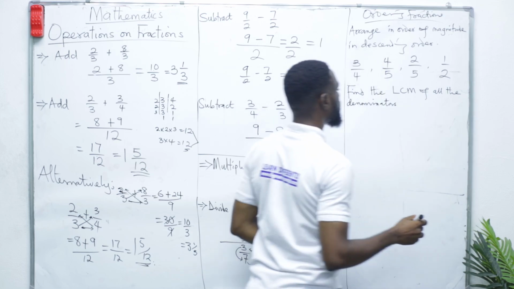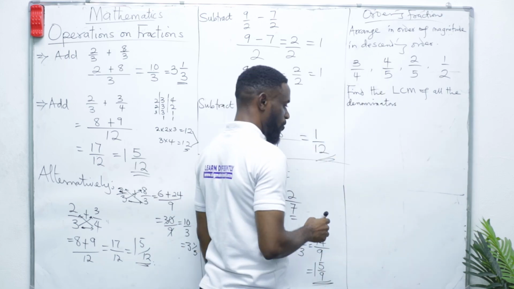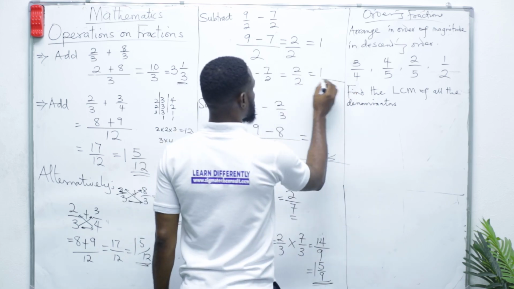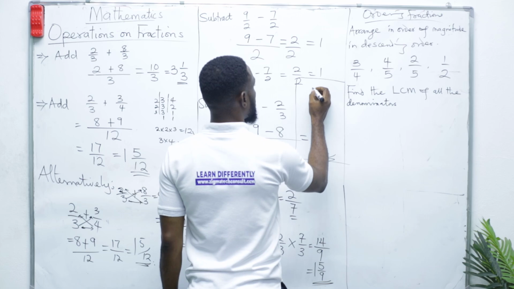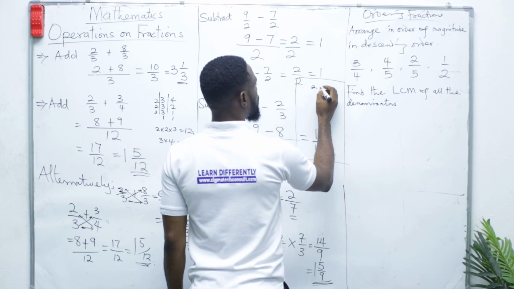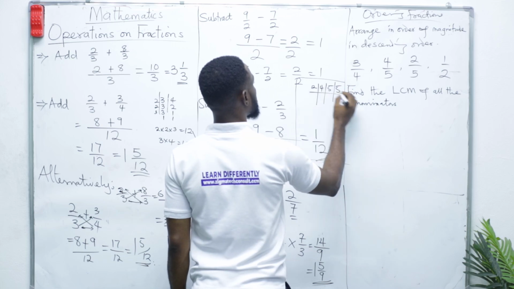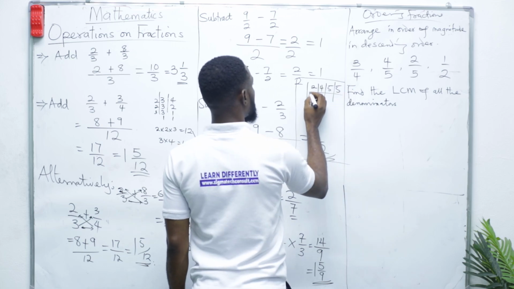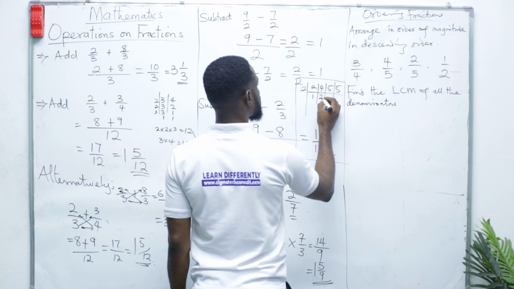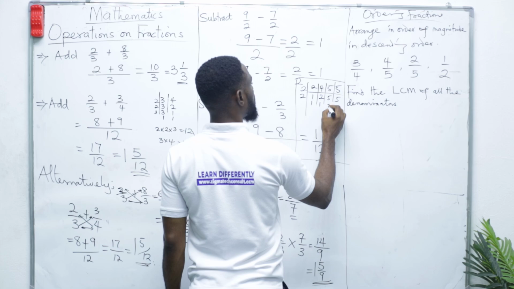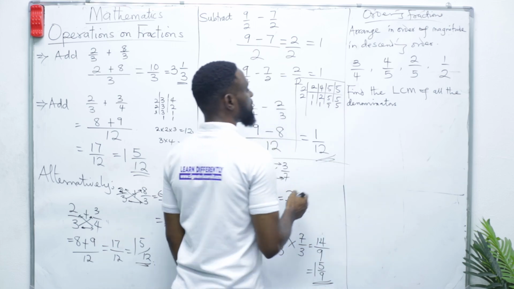So we have 2, 5, 5, 4. Let's just get somewhere and find our LCM. We have 2, we have 4, we have 5, we have 5. Let's just bring them out. What is their LCM? 2 here will be 1, 2, 5, 5. 2 here will be 1, 1, 5, 5. Then what do we have next?